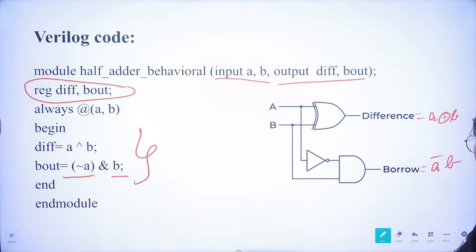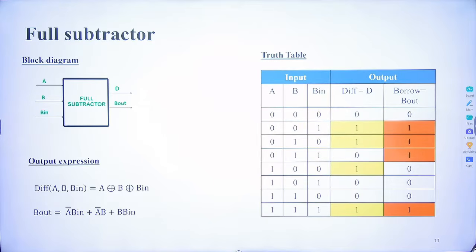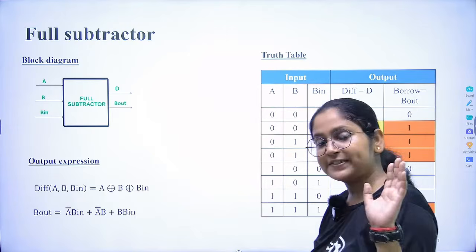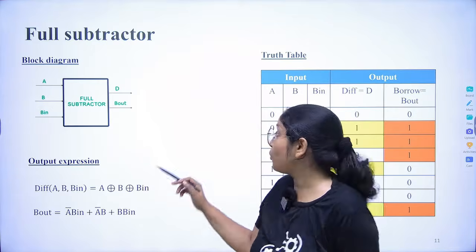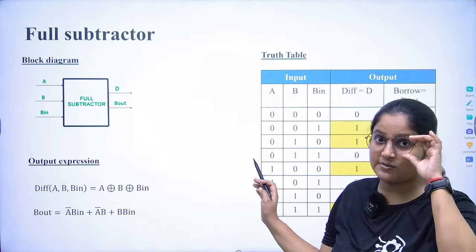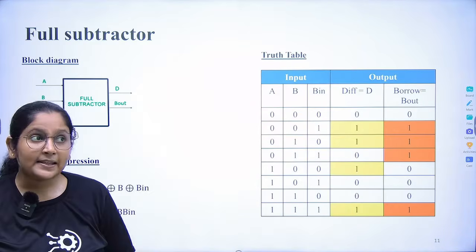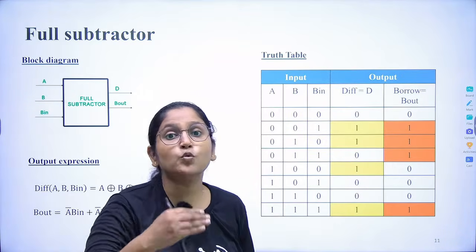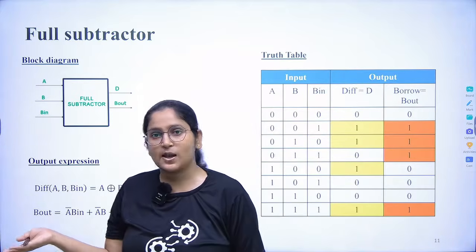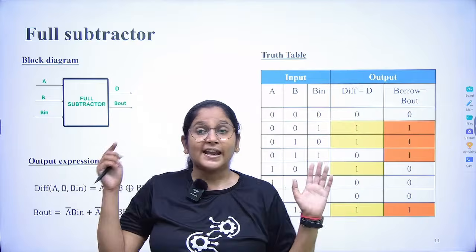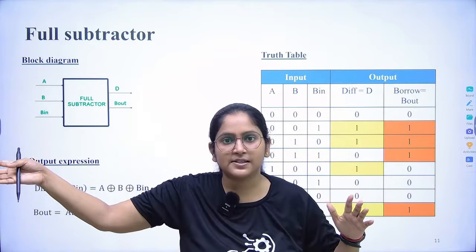Okay, let's go. Coming to the next part, the full subtractor. I guess this also we have seen, how this expression is coming, how the difference expression was coming from the truth table. We have seen these expressions, right? How it is happening, how we are getting this expression. I think in the last class we also discussed how to make a full adder through half adders, how to make a full subtractor through half subtractors. And I think I've also explained something like, suppose we have 3 half adders, right?